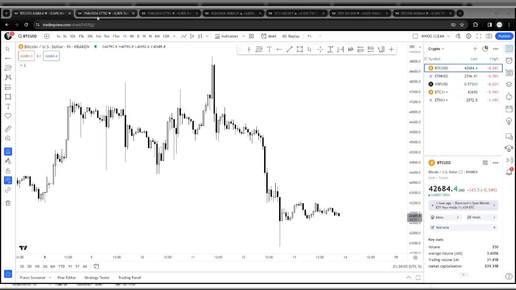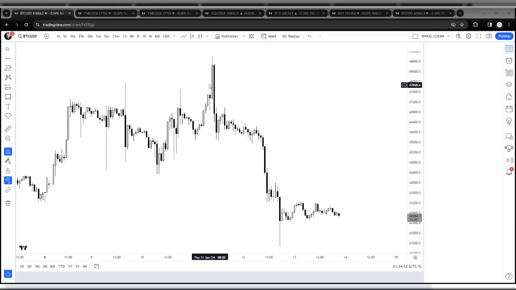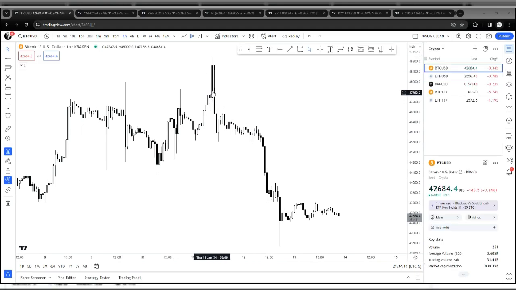Okay, so as I said, I'll just be reviewing Bitcoin's price action today, and before you can get a good understanding of why price reversed, you must know that there was a higher time frame level that was the base of this move, this down move right here.